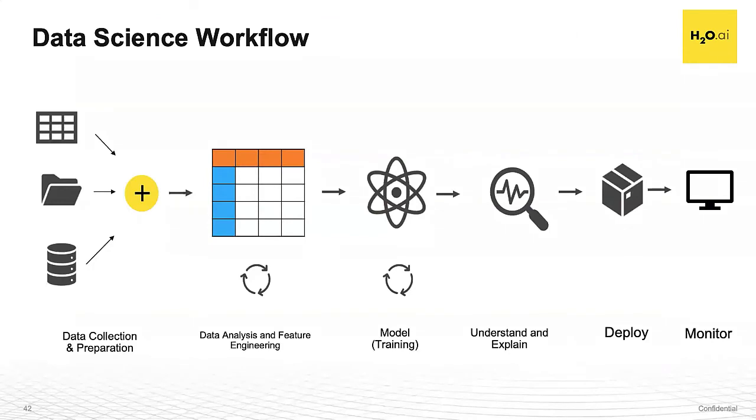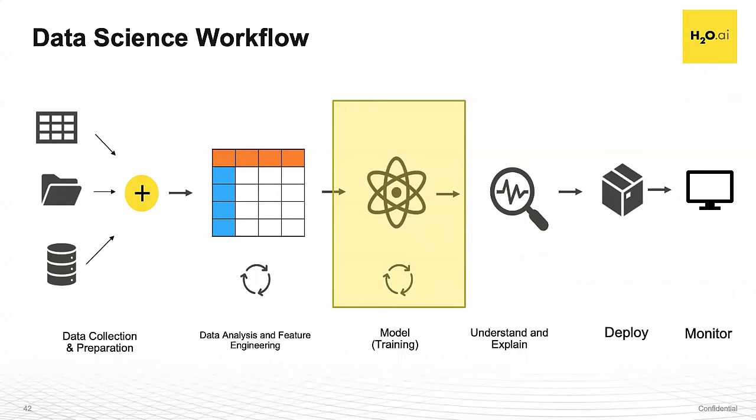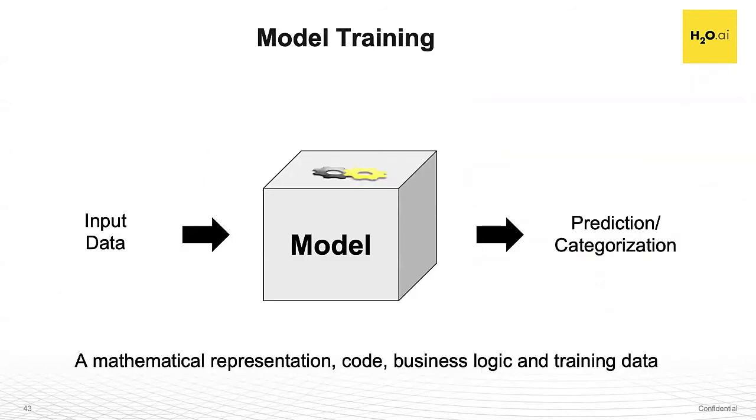So we've gone through the first and second part. Let's come to the part of training a model. We have briefly touched on the modeling part initially, or the learning phase, but let's look at what model training means. So a model is nothing but a mathematical representation.